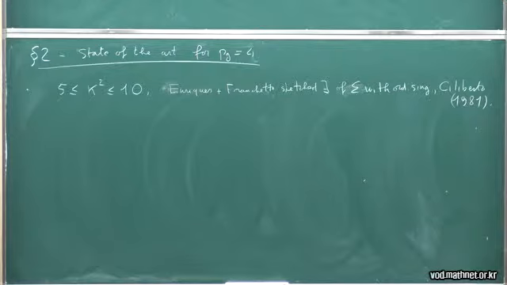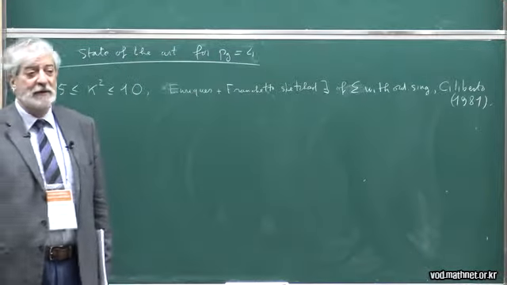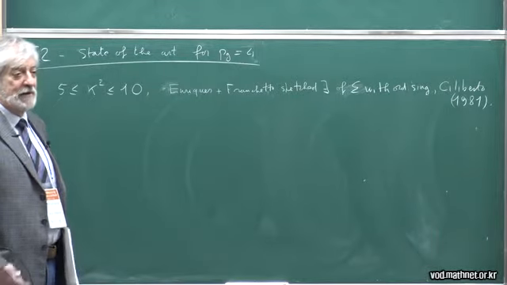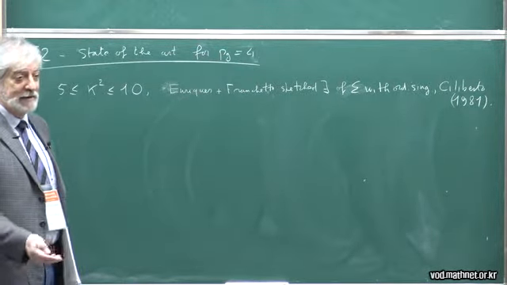I have to say that this is sort of embarrassing, that concerning question 3, this is all we know. On the other hand, if you look at the proof of Ciliberto, it involves some non-trivial arguments about commutative algebra and contact.